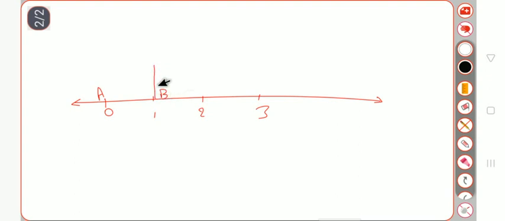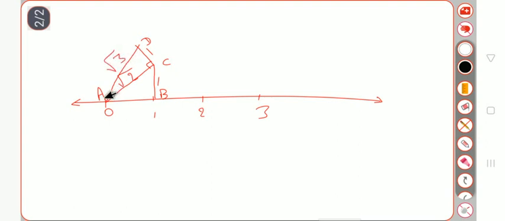Suppose this is 1 unit. Okay, now join AC, it will give root 2 according to Pythagoras. Now take, suppose this point is C, take 1 unit perpendicular at C. This is perpendicular 1 unit. Okay, suppose this point is D and this is 1 unit perpendicular. Just join AD, it will give root 3.